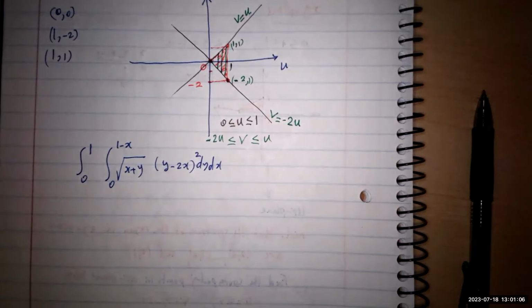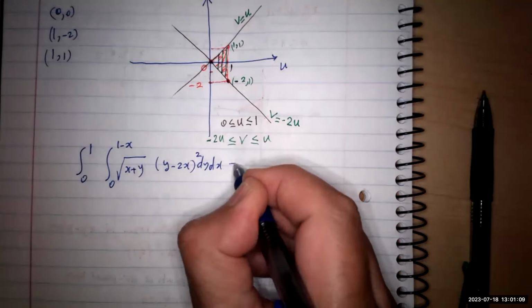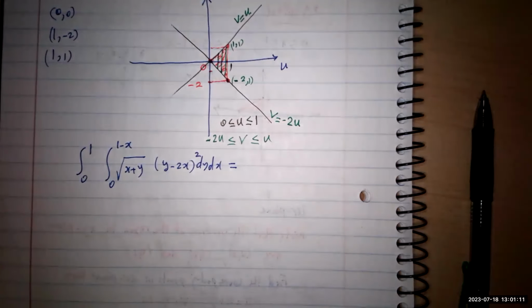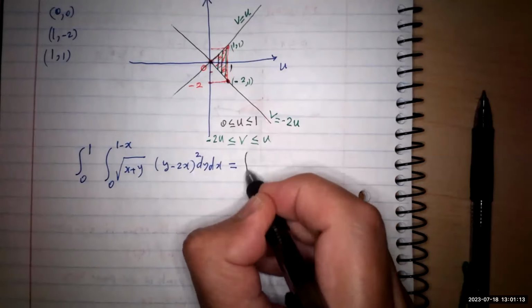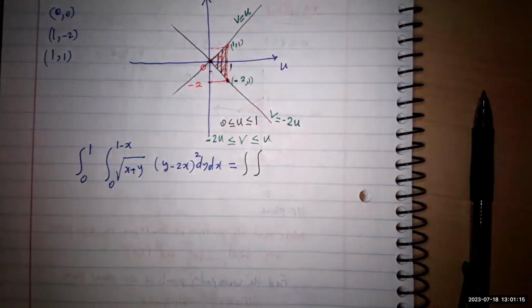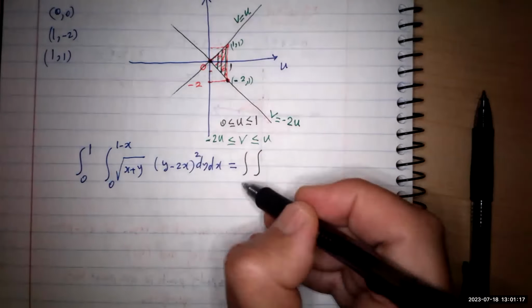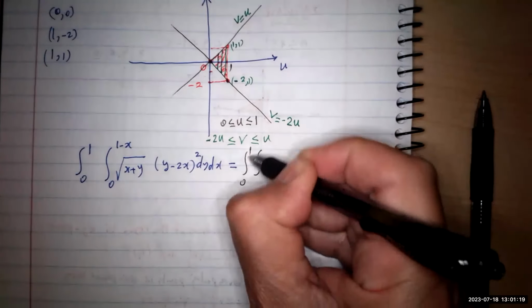We switch. Now what's going to be the switched one? The double integral. Now, as we know, U is between 0, 1, so it's going to be 0, 1.